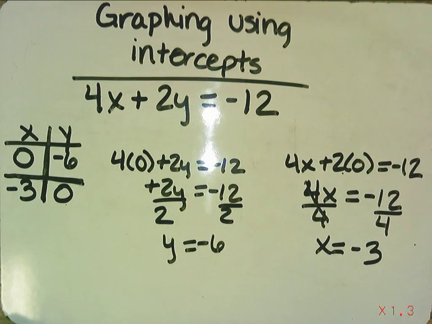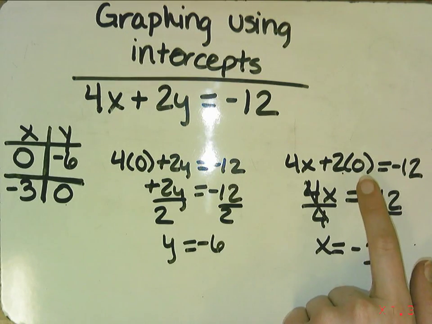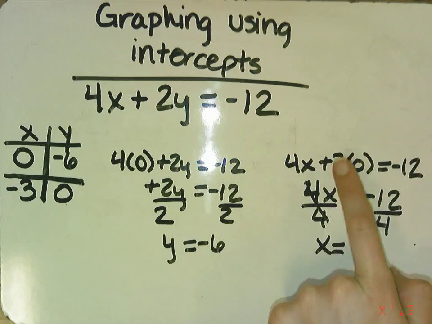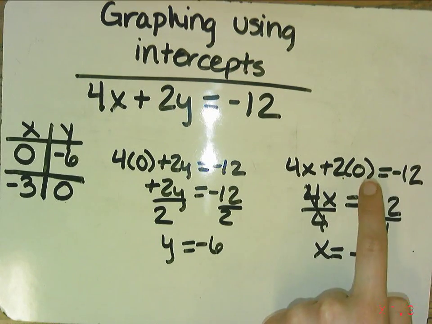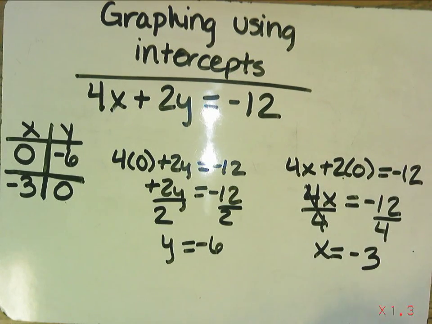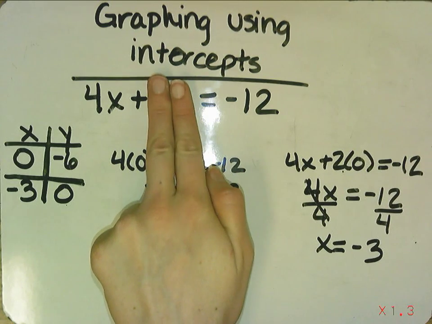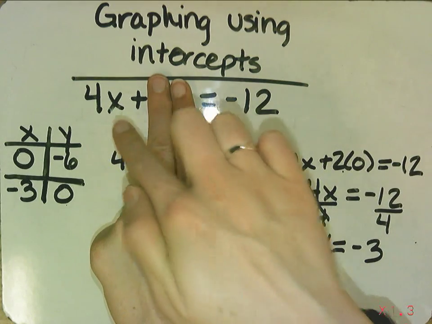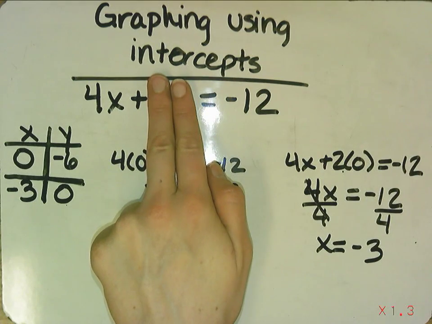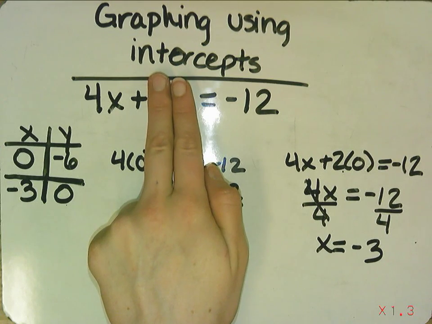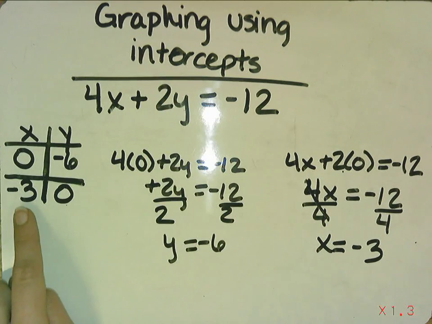You can do the same thing for y. When y was 0, this piece went away, because anything times 0 is 0. So when you're substituting 0 in for y in your head, you can cover up this piece of your equation, and now you have 4x equals negative 12. If 4x equals negative 12, then you can use mental math to figure out that x would equal negative 3.